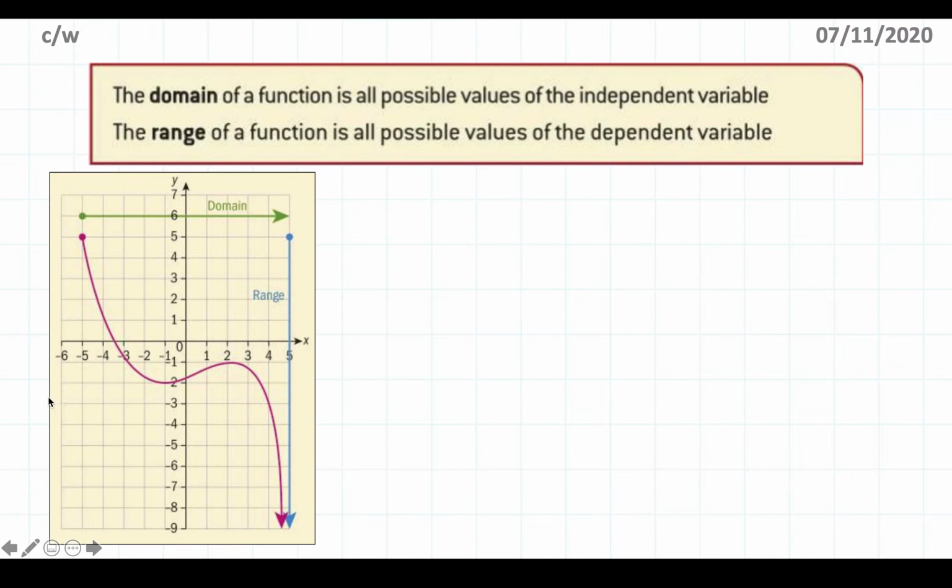Now you will be facing some functions where there are certain values you're not allowed to put in. For example, if you have 1 over x, then x equals 0 is something that you're not allowed to do. So 0 will not be in the domain. We talk about domain as the values that go into the function, or the input.